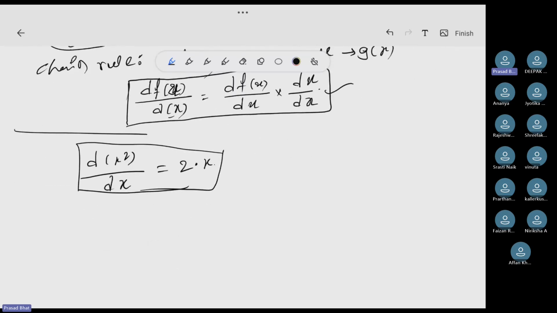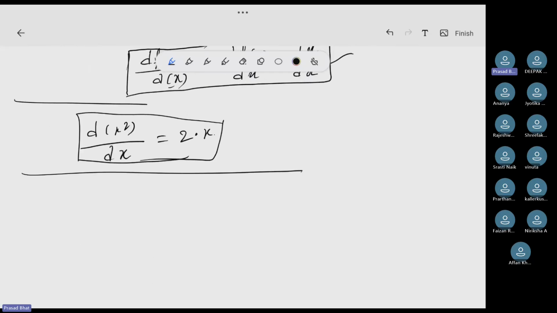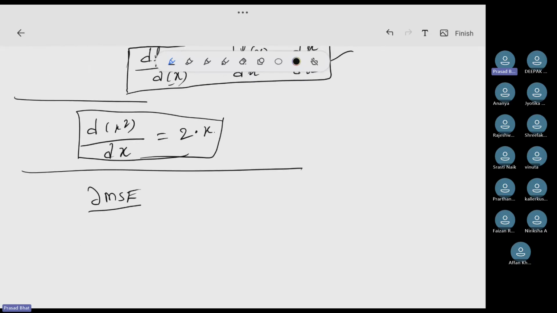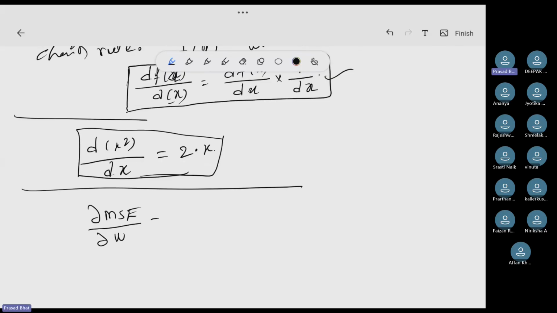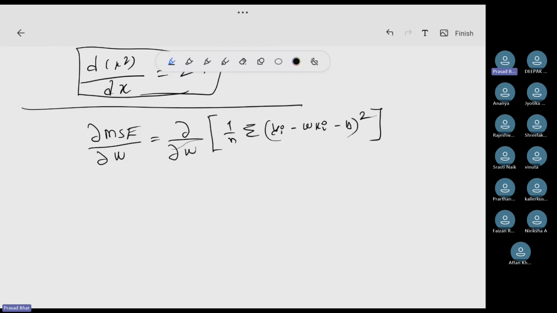Okay, so now let me write the partial derivative. Dou MSE divided by dou w is equal to what? Dou by dou w of 1 over n sigma (yi minus w xi minus b) whole square. Correct? So what I am doing?